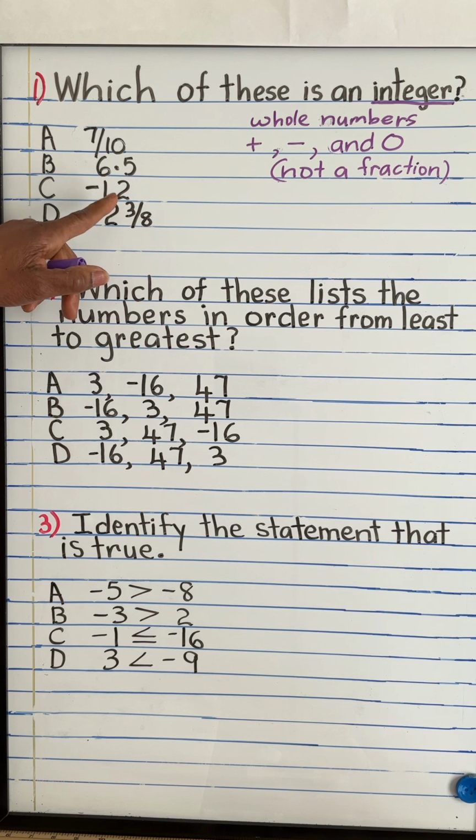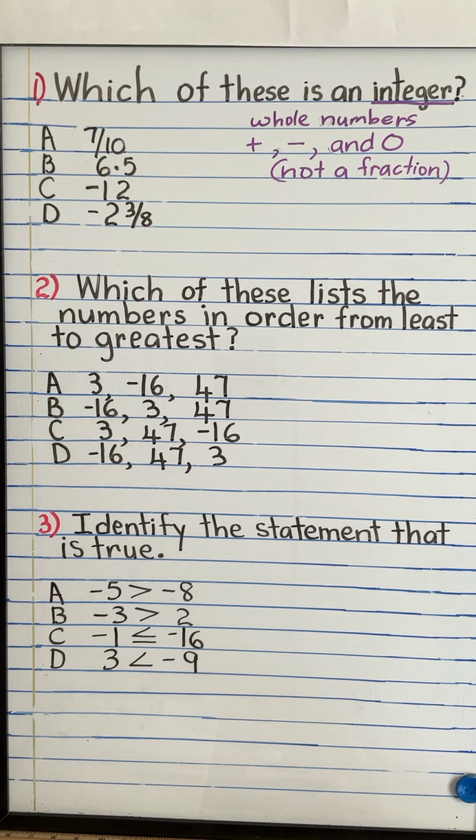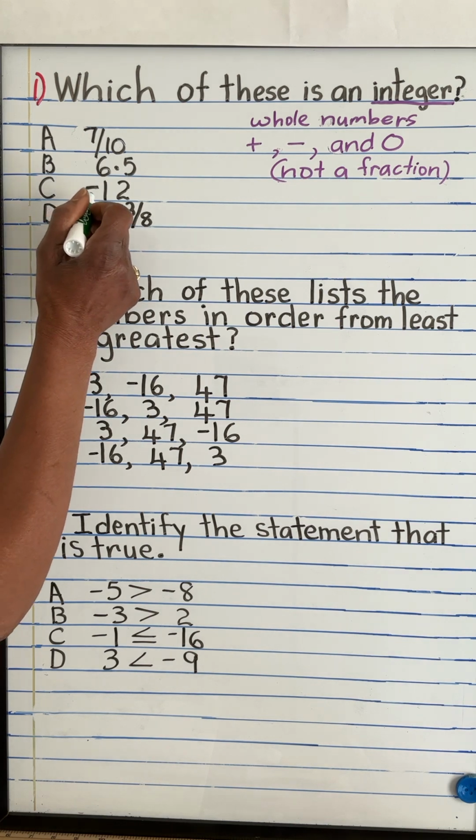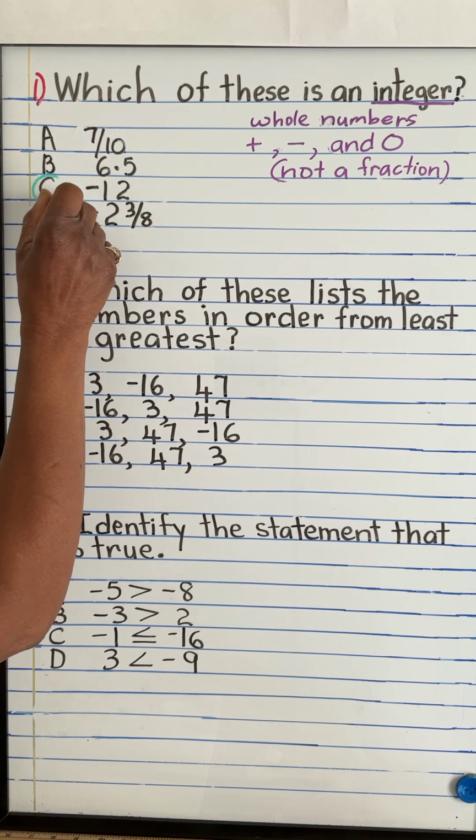Negative 12 is a whole number, a negative whole number. So that's our choice, but we can also still look at the next choice. Negative 2 and 3/8 is a fraction. So our choice, which of these is an integer, is negative 12. So our choice is C.